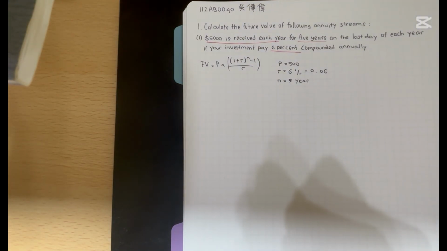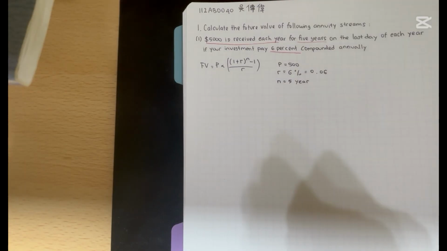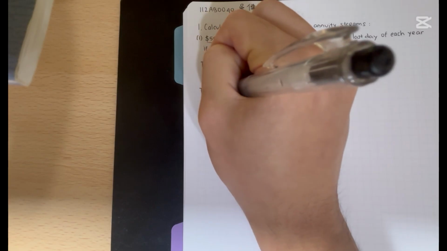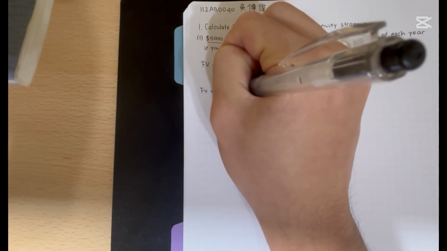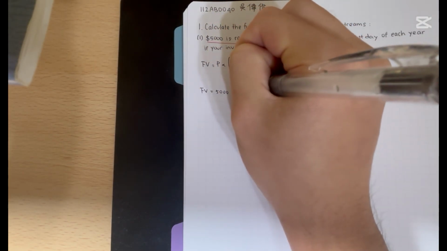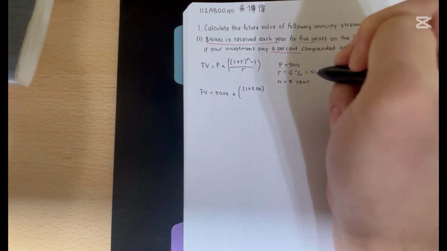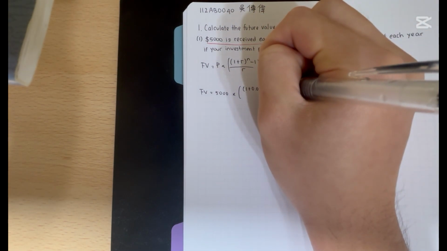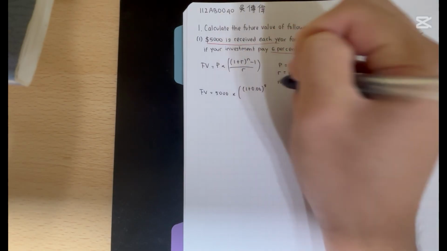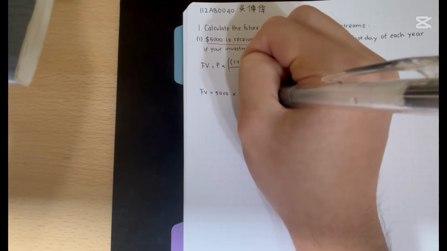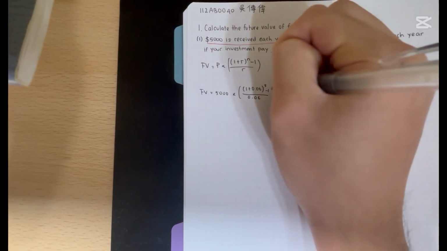Then we substitute the values, that is 5,000 multiplied by 1 plus 0.06 powered by 5, minus 1, divided by 0.06.